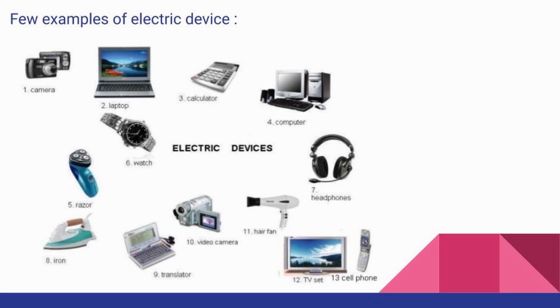All these electrical devices contain switching circuit in it, which can be either in on position or off position. Whenever it is in on position, the electrical devices are working. Whenever they are in off position, the electrical devices are not working.